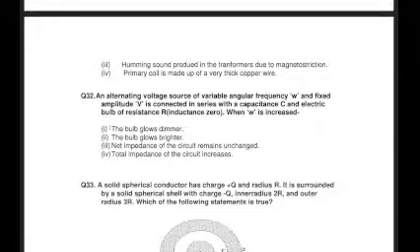The bulb glows dimmer. 2. The bulb glows brighter. 3. Net impedance of circuit remains unchanged. 4. Total impedance of circuit increases. Correct. The answer is 2. The bulb glows brighter.